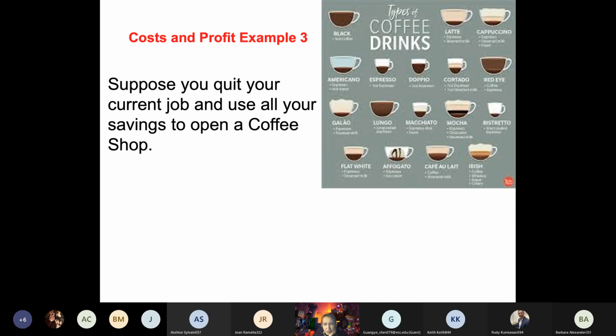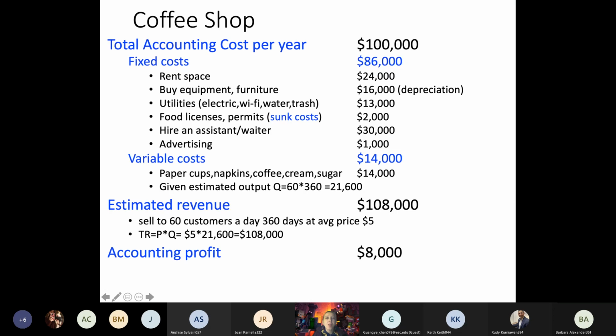milk and, what do people put into coffee? Not only black. So maybe cream and frappuccino and Irish cream and all that stuff. So you're estimating the cost of production, the cost of starting up, running it for a year.